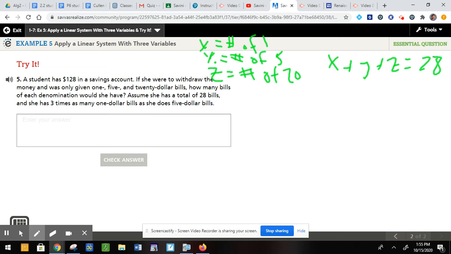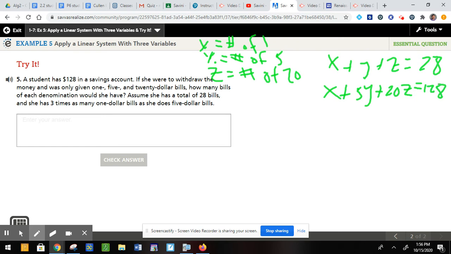So if she has x amount of $1 bills, 1 times x would equal the amount of money she has from $1 bills. And then if y is equal to the number of $5 bills, 5 times y is going to equal the amount of money that she gets from $5 bills. And then the same thing for z, 20 times z. And then all of that together will equal the 128.